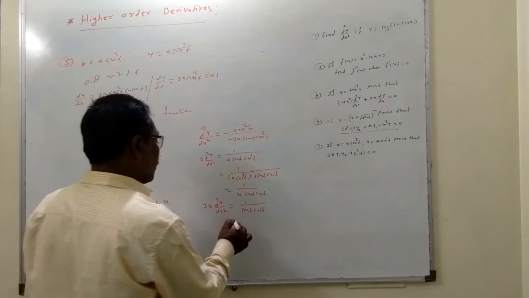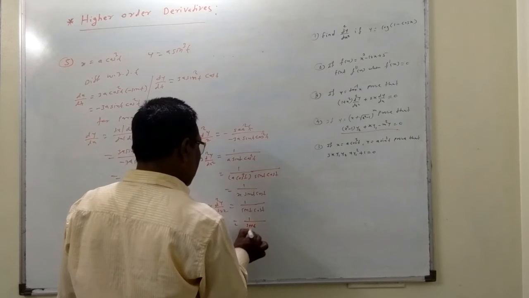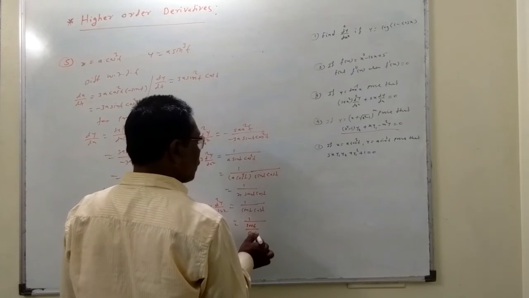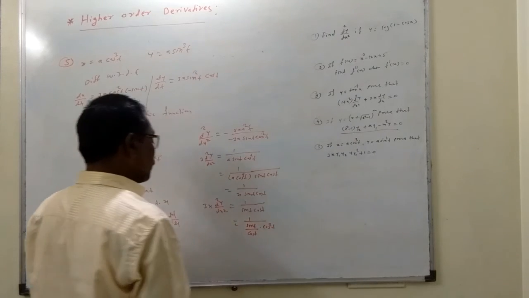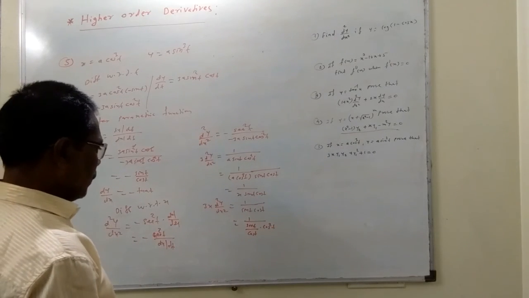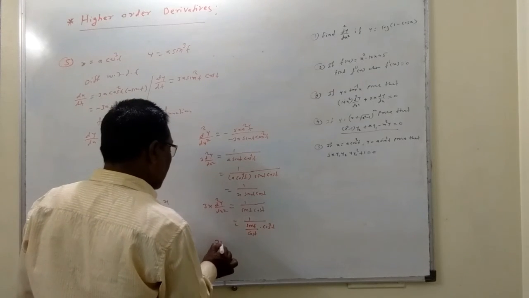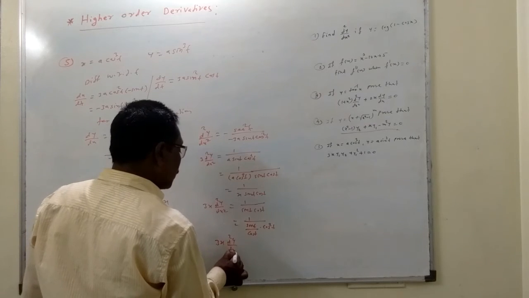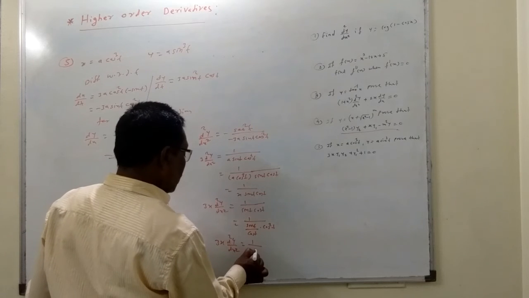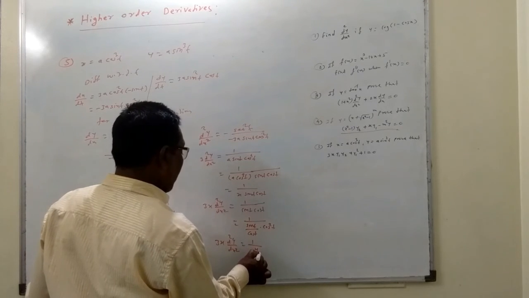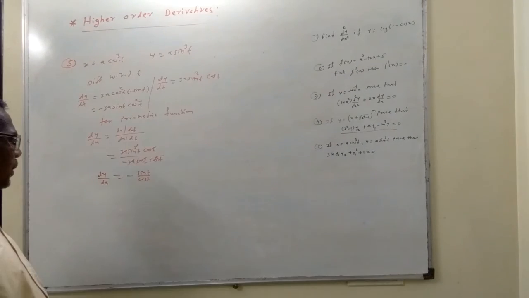So here 1 upon sin t upon cos t into cos square t. So 3x d2y by dx square, 1 upon minus y1. dy by dx is the y1, minus sin t upon cos t.